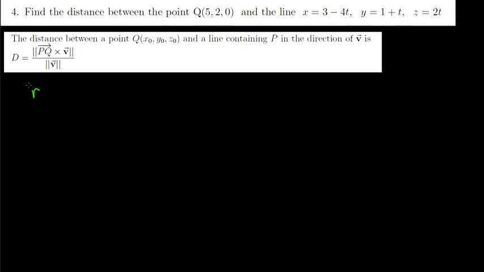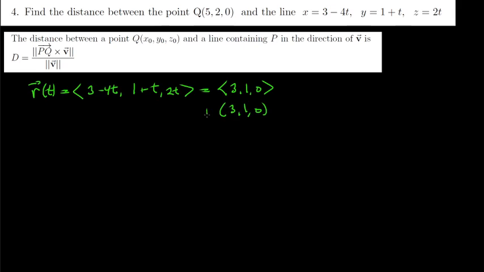And let me write it as a vector valued function. So this is just the equation of the line, 3 minus 4t for x, 1 plus t for y, and then 2t for z. Right, so we have the point 3, 1, 0. So that's on the line. That could be our point P then.